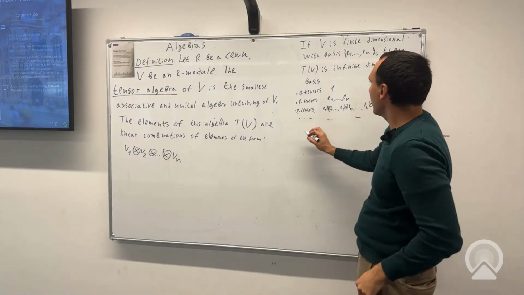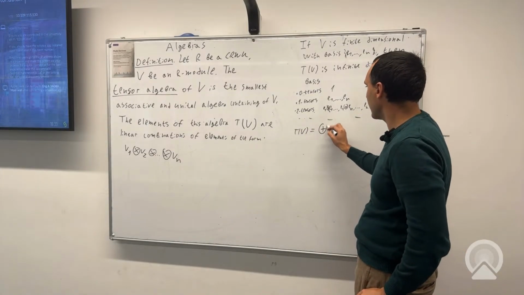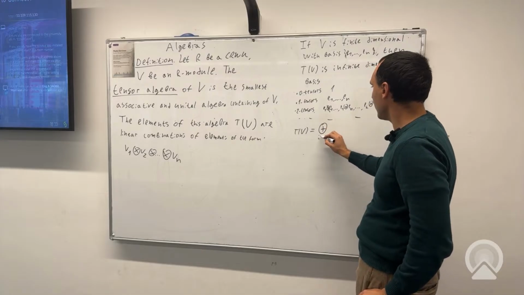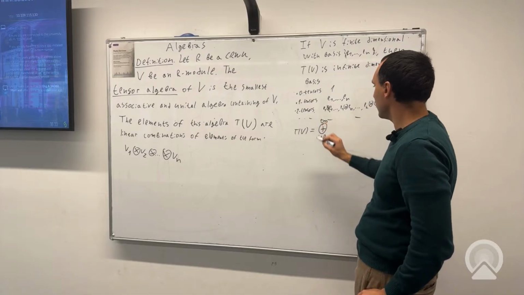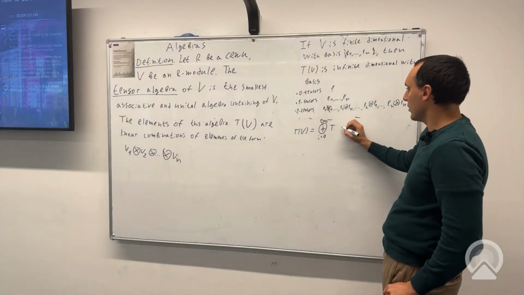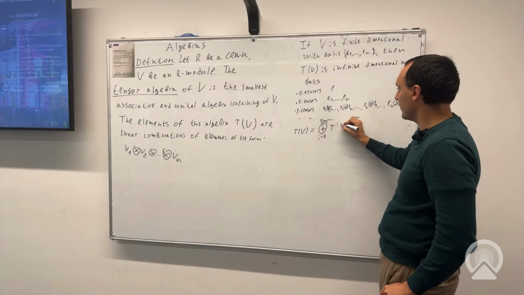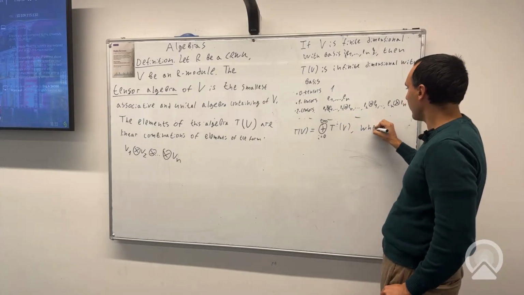Therefore T of V is the following infinite direct sum, the sum over i from 0 to infinity of T^i of V, where these are finite.